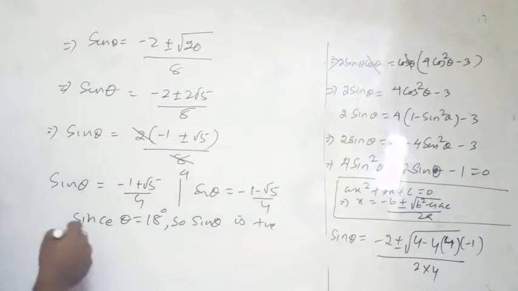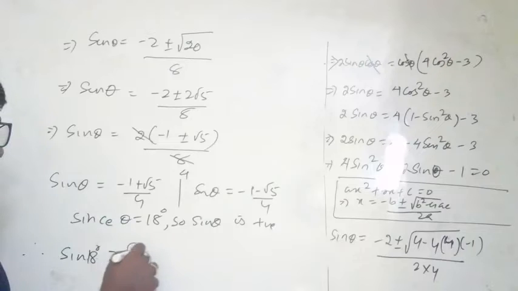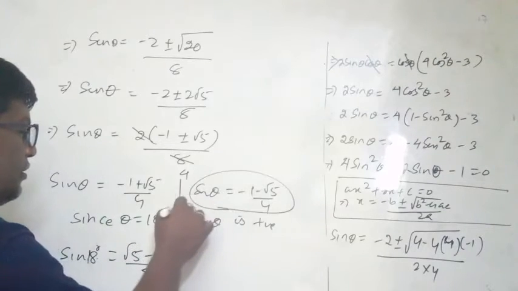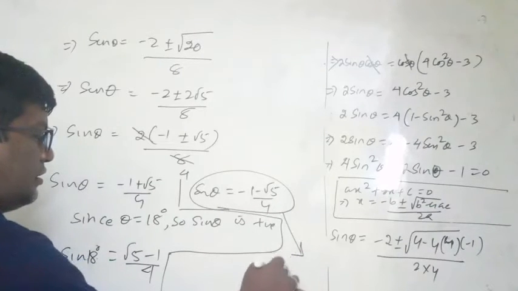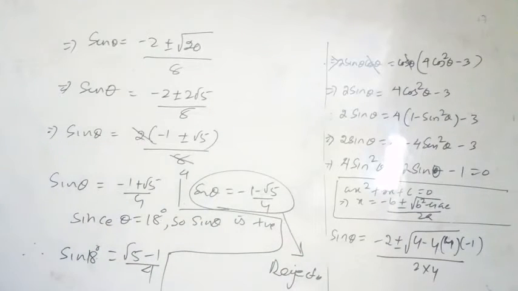Therefore sin 18 degree is equal to root 5 minus 1 by 4, and the other value will be rejected because it is negative. Since theta is 18 degree, it lies in the first quadrant, therefore sin 18 is positive. So the value of sin 18 is equal to root 5 minus 1 by 4.